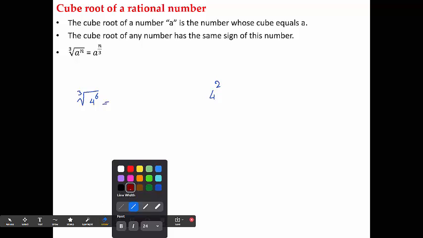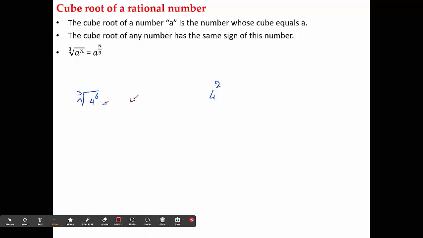It's the same as saying 6 over 3. It is the same as dividing the power of the number by the number of the root. So 6 over 3 gives us 4 to the power 2. Also, if we have the cube root of 3 to the power 9, we divide 9, the power inside the root, by 3, the number of the root, so 9 over 3 equals 3, giving 3 to the power 3, and so on.